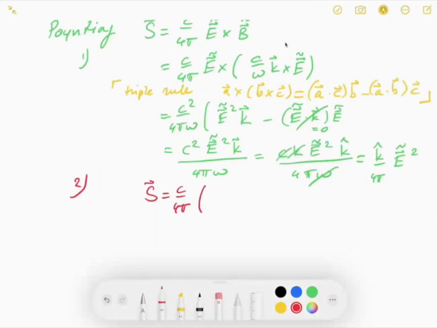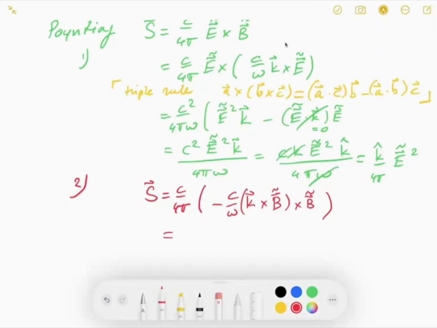Ah, yeah. Minus C over omega cross with B.